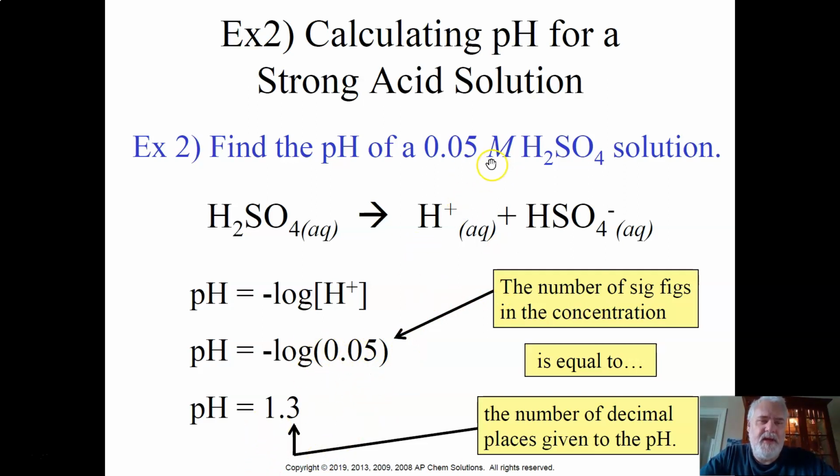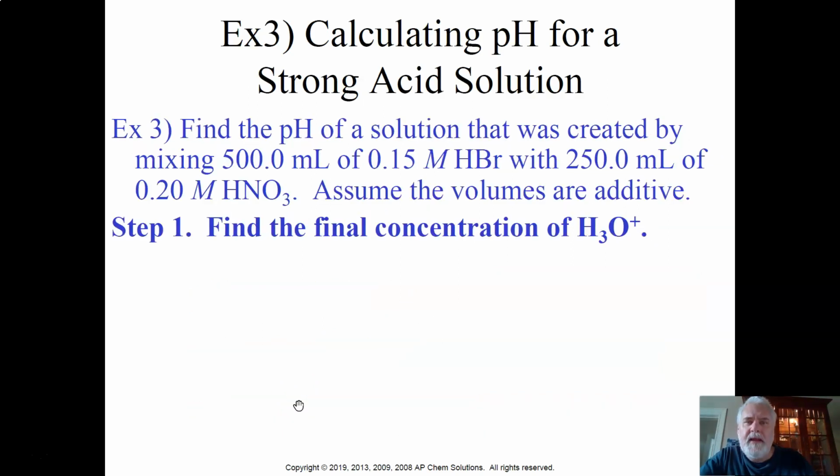You punch in 0.05, take the logarithm, drop that negative sign off, and 1.3 will be the pH, because of the 1 sig fig, 1 place to the right. Okay?